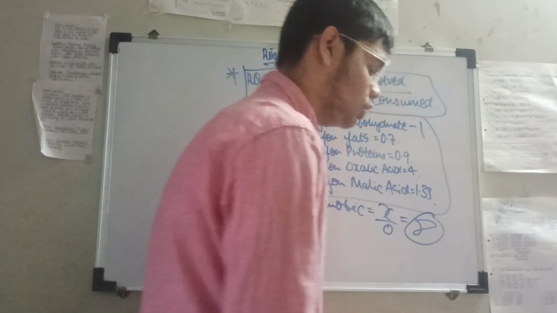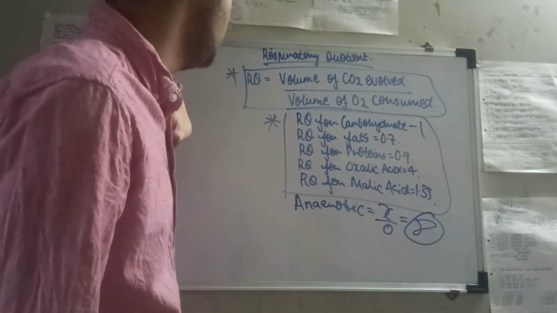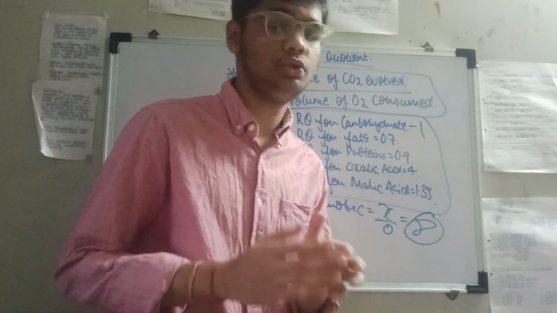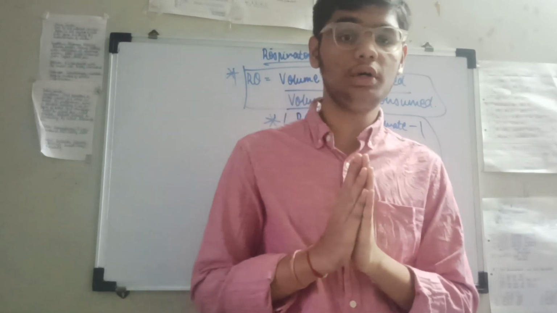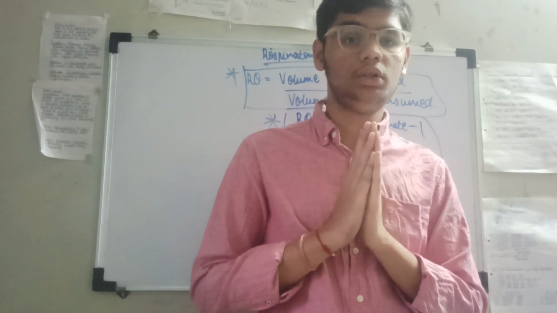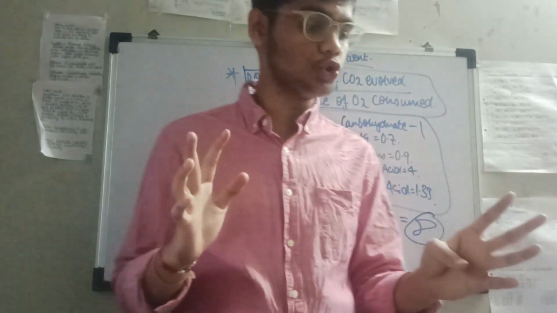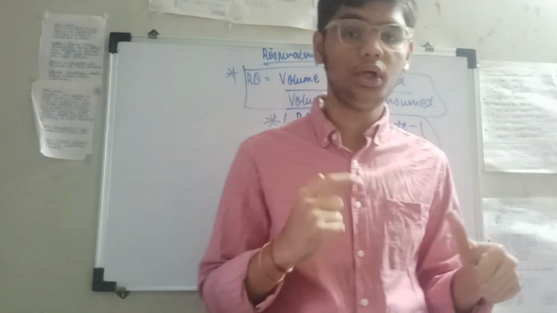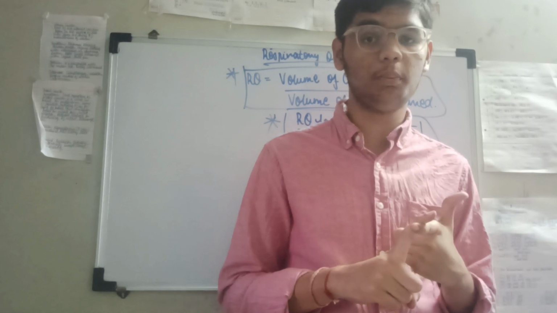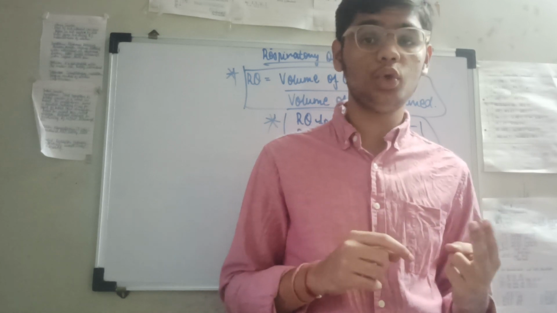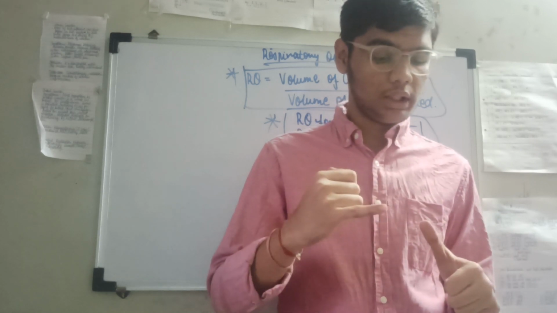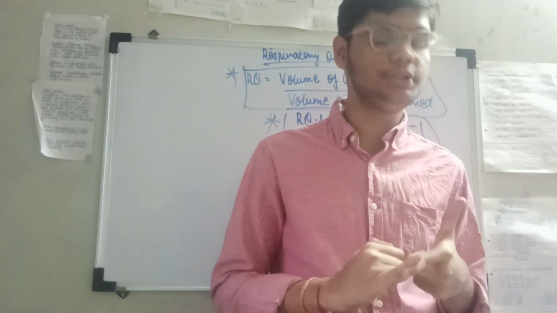So this was respiratory quotient, a very simple portion. So we have covered the whole chapter in 4 videos. In the first video we covered glycolysis and fermentation. In the second video we covered link reaction and Krebs cycle.